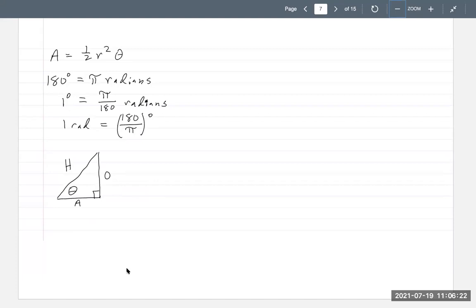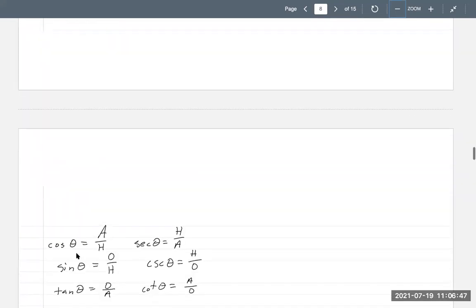Let's consider trigonometry, which is the ratio of the lengths of sides of a right triangle. And we will define a function of the angle in terms of these ratios.